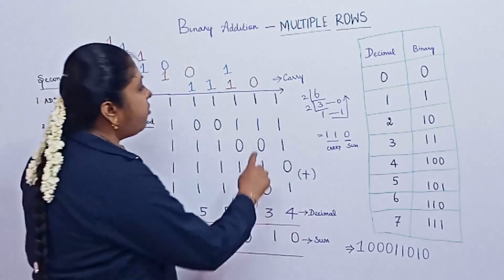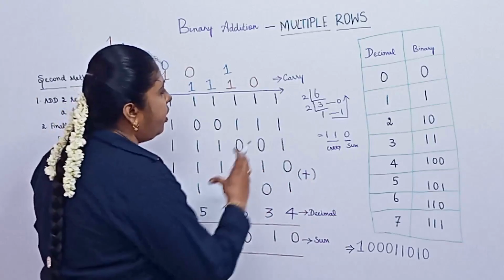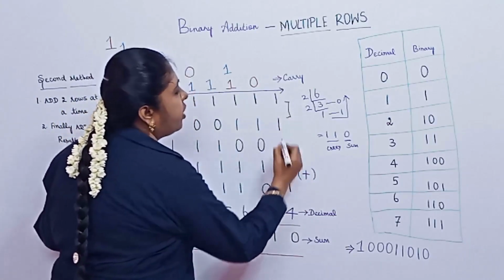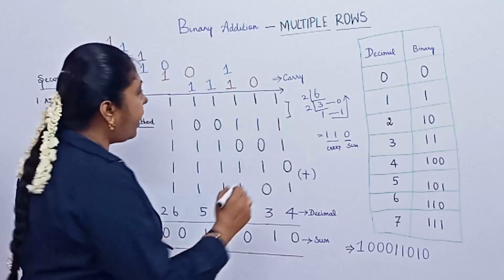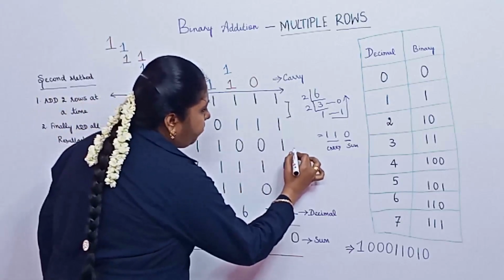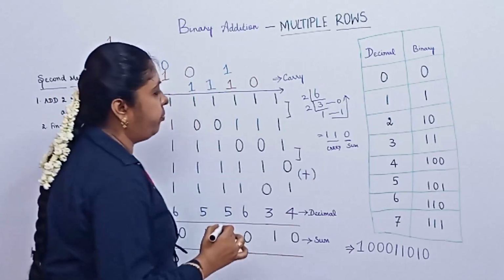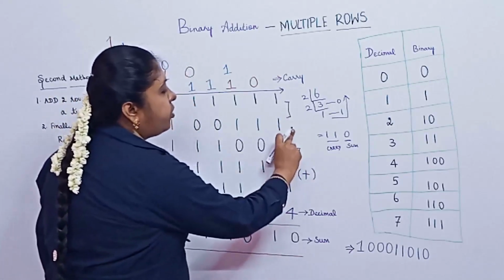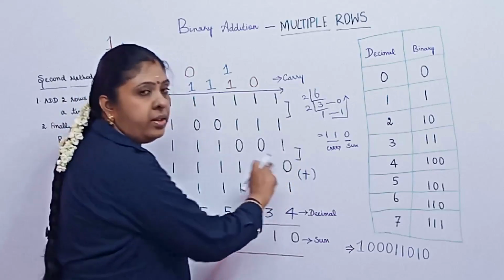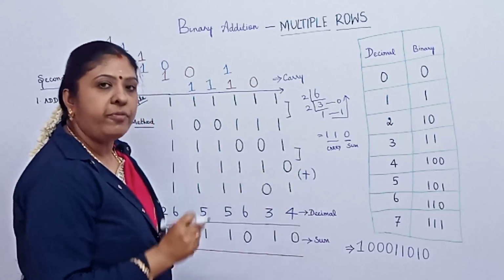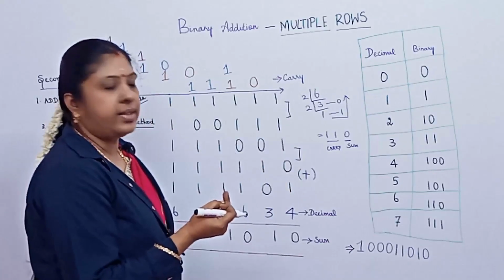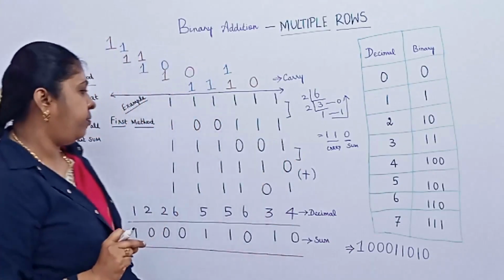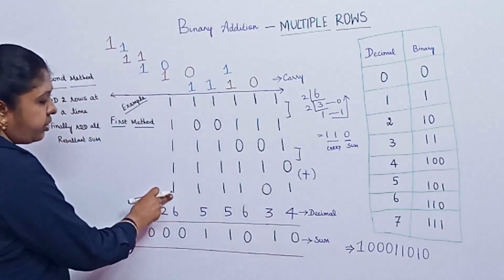That is, we add rows 1 and 2. And then again, we add rows 3 and 4. And finally, add the result of 1 and 2 with the result of 3 and 4. And finally, you will get another result, and with that result, you have to add the 5th row.